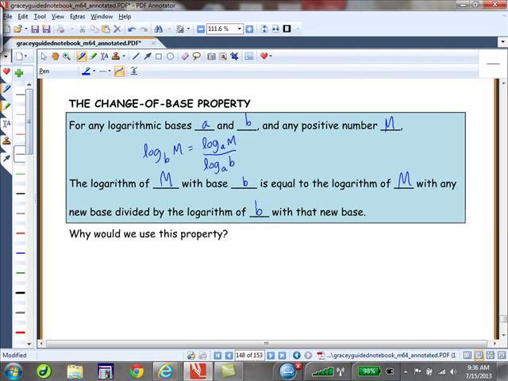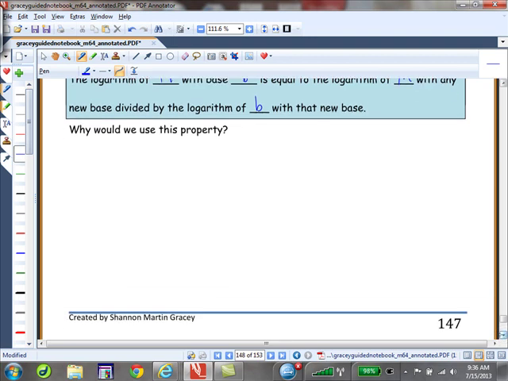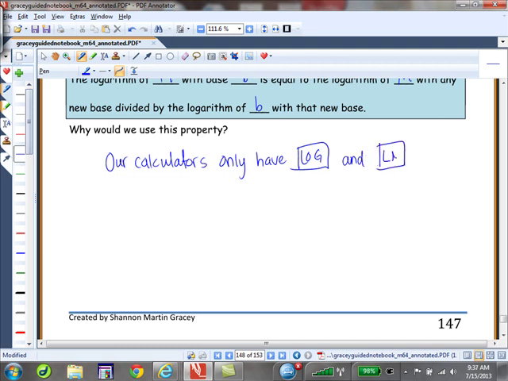So why would we use this property? Well, look at your calculator. Our calculators only have the log key and the ln key, right?